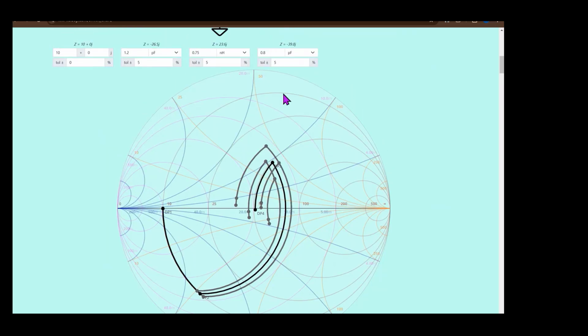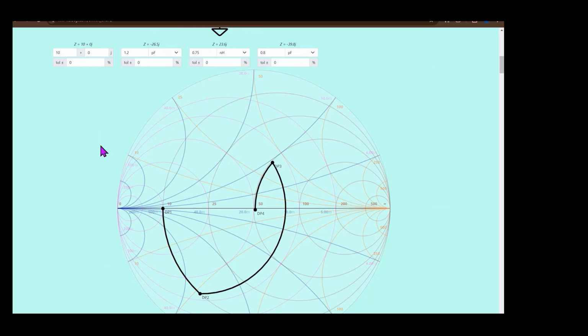Okay. The key that I was getting at: if I want to know what the Q of this network is, I find the sum of all of the non-real nodes in the circuit.